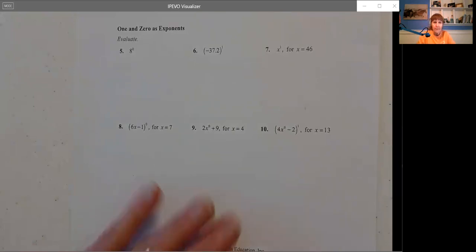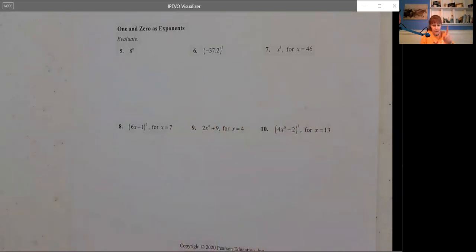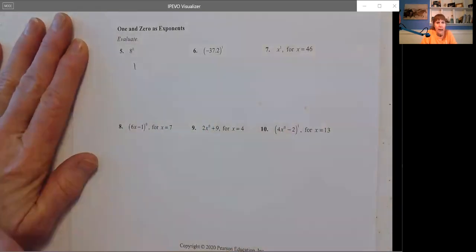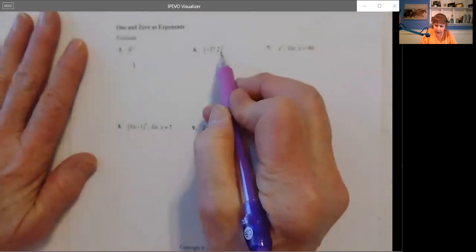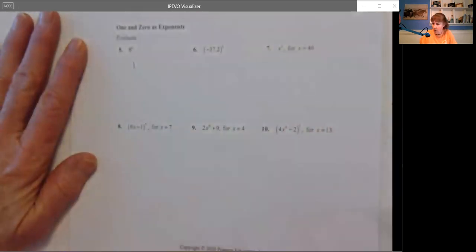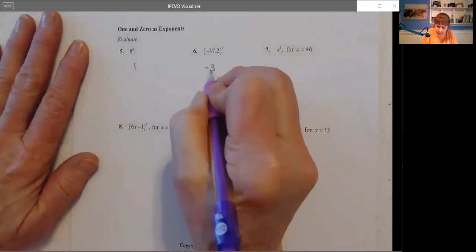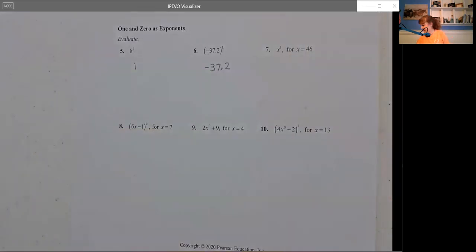We can see those, but these won't take you long. 10.1 shouldn't take you too long, because anything to the 0 power is 1. 8 to the 0 is 1. Anything to the first power can just be rewritten without that 1. Those two mean the same thing.